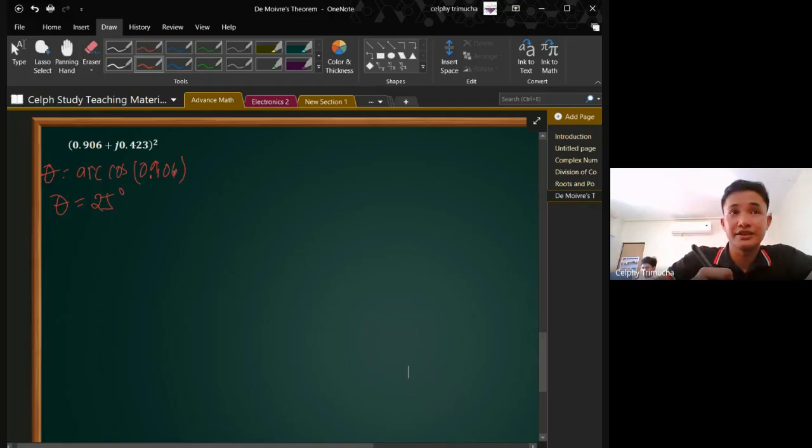Let's check whether sine 25 is equal to 0.423. Check if sine 25 is equal to 0.423.